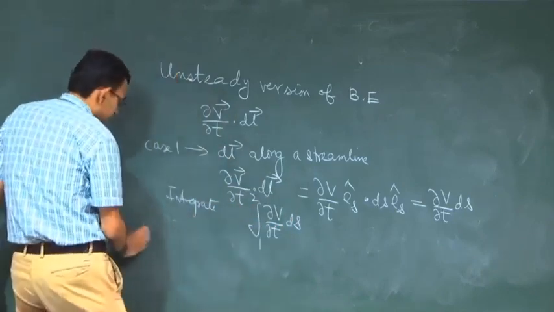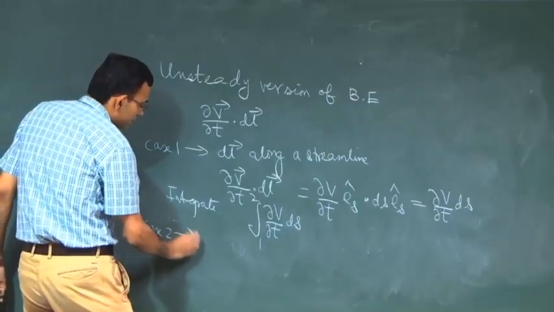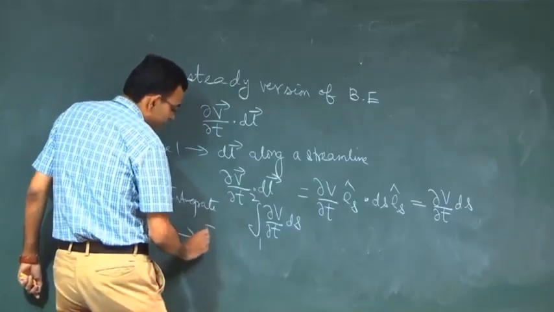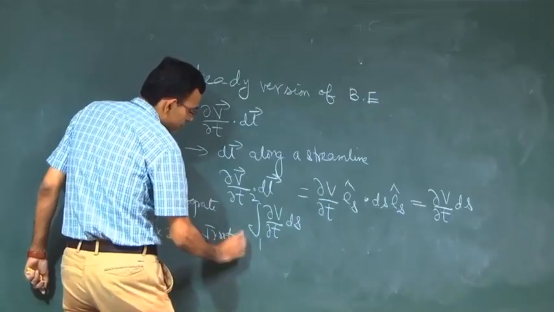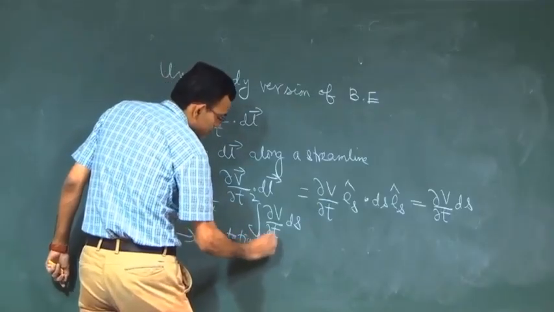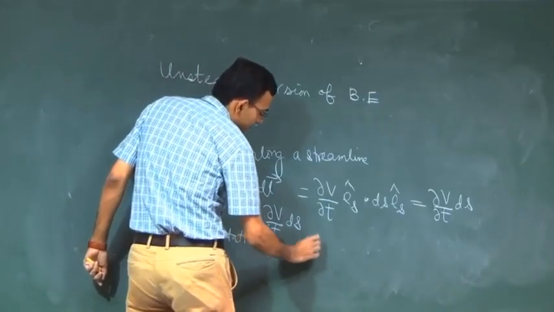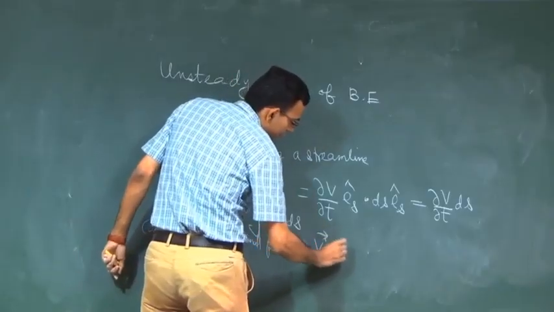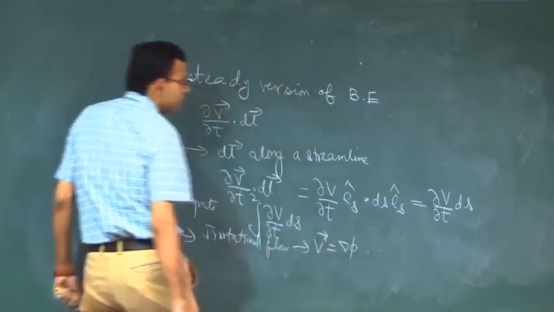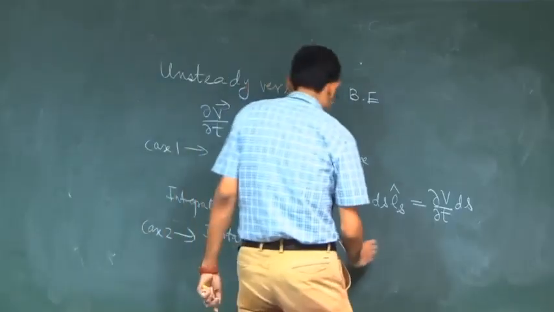The second case is irrotational flow. That means V is the gradient of a scalar potential phi.